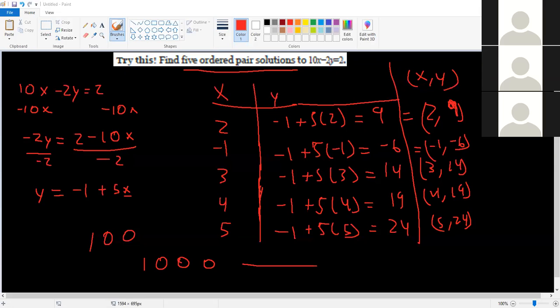Everybody got the same numbers? There must have been someone that used a different number than 2, -1, 3, 4, and 5. None? Okay. So let's say I plugged in 0.